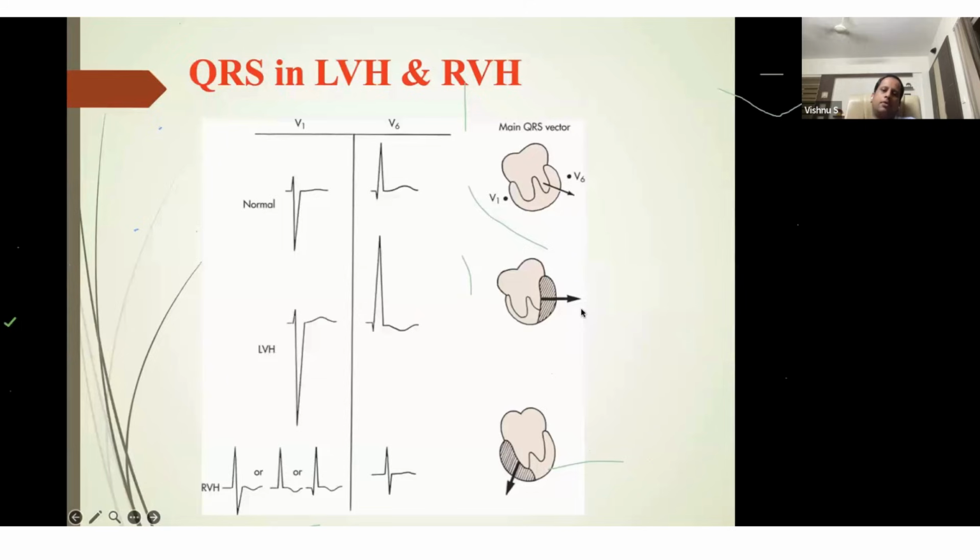So V6 will have very high amplitude, with the initial small septal Q wave in V6. And in right ventricular hypertrophy, V1 will see more of the electrical voltage and the vector will be towards V1. So V1 will be positive in right ventricular hypertrophy.